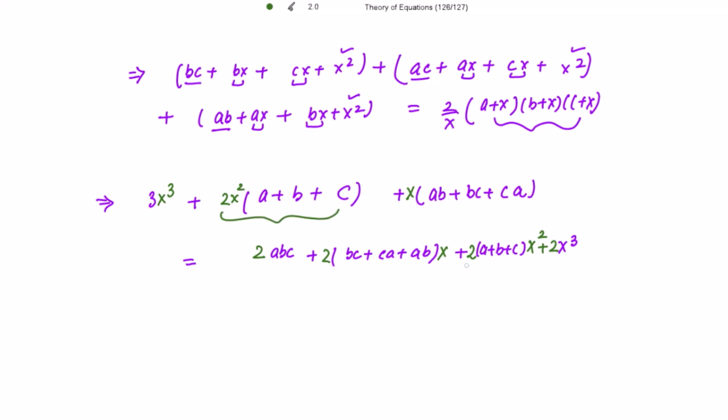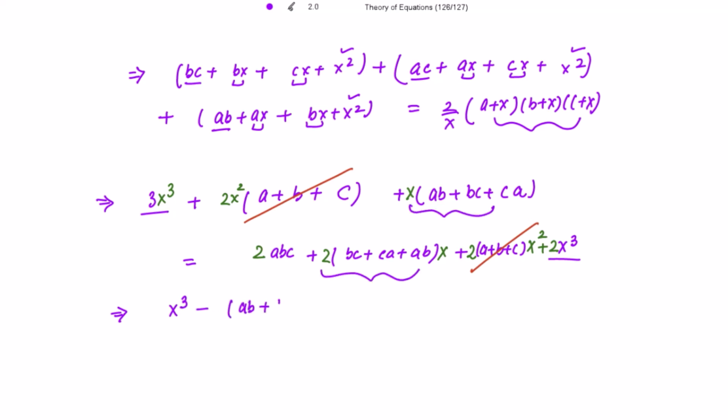So the second term is cancelled out with the third term. That further implies 3x cube minus 2x cube gives us x cube, negative of (ab plus bc plus ca) into x, and then the remaining term, which is minus 2abc, is equal to 0. So this is the cubic equation we are getting in x.